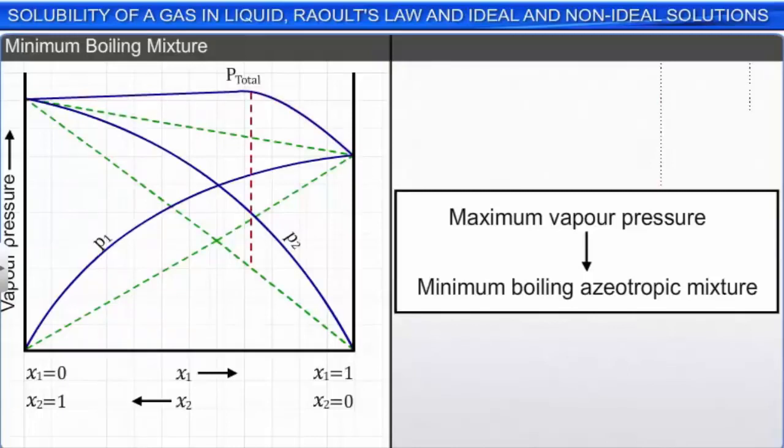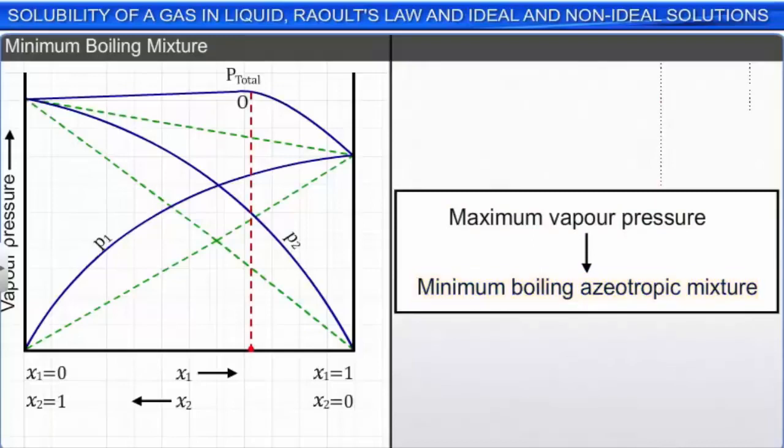As you can see from the graph, the total vapor pressure of the azeotrope is given by the maximum, represented as O in the curve. Now, as the vapor pressure is maximum at this point, it gives a minimum boiling azeotropic mixture.